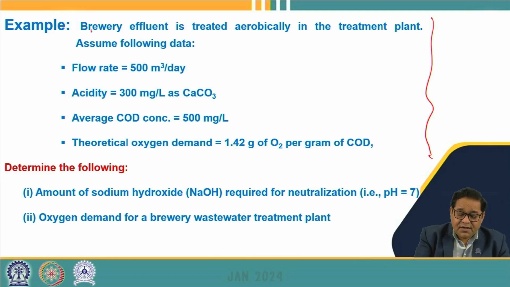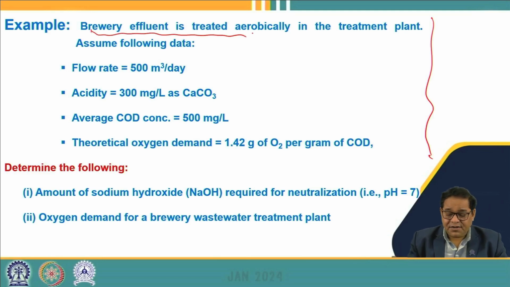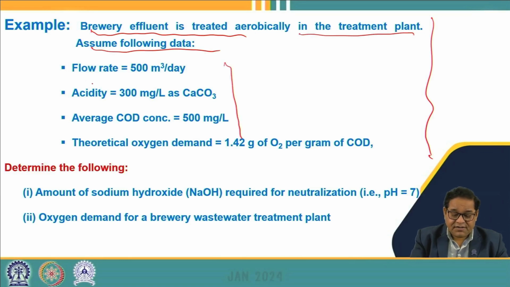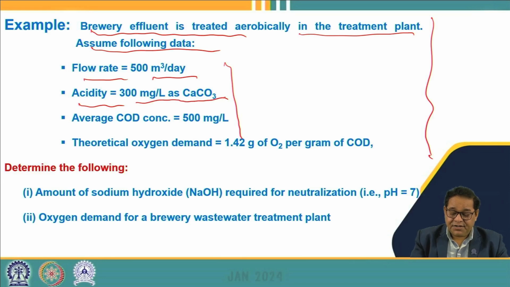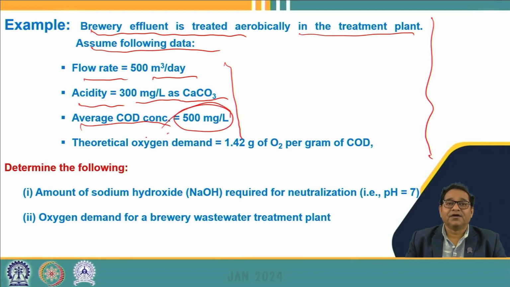Here we have brewery effluent which is treated aerobically in a treatment plant. We assume this data: the flow rate is given as 500 meter cube per day, the water has acidity of 300 milligram per liter as CaCO3, and the average COD concentration is given as 500 milligram per liter.